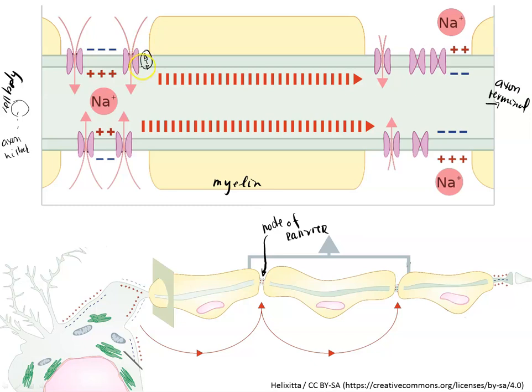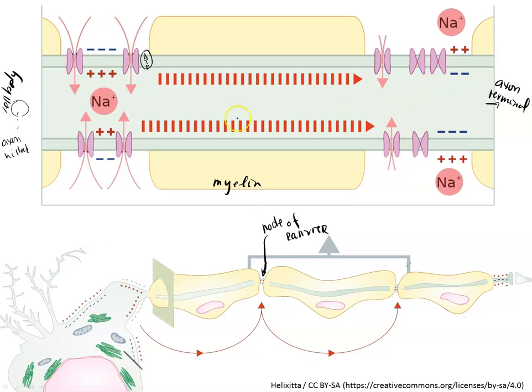They will open, causing sodium to come rushing in, making this part of the axon more positive because sodium is traveling down its concentration gradient. Then in this next part of the axon, the area is more positive, so these sodium voltage gated channels are going to open, because that's what voltage channels do. They open at the appropriate threshold. So they will open and sodium will come rushing into this area.